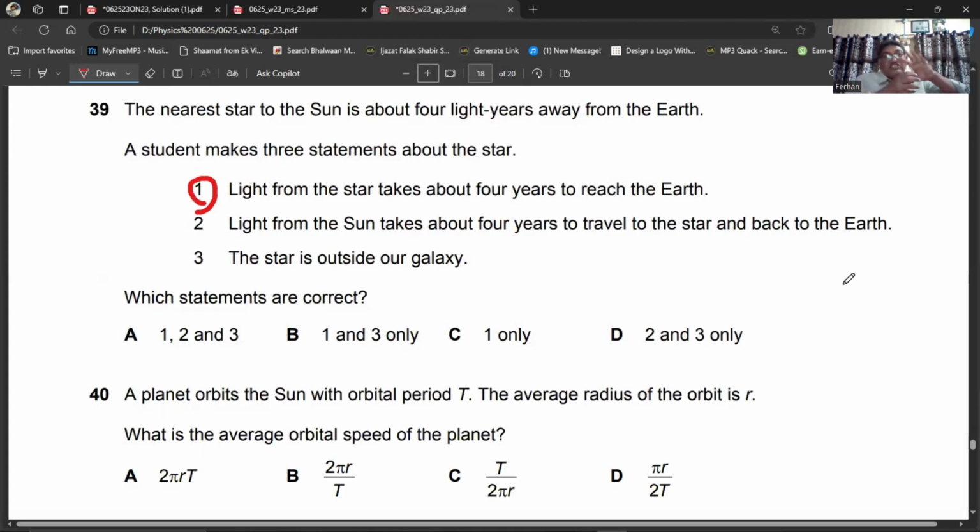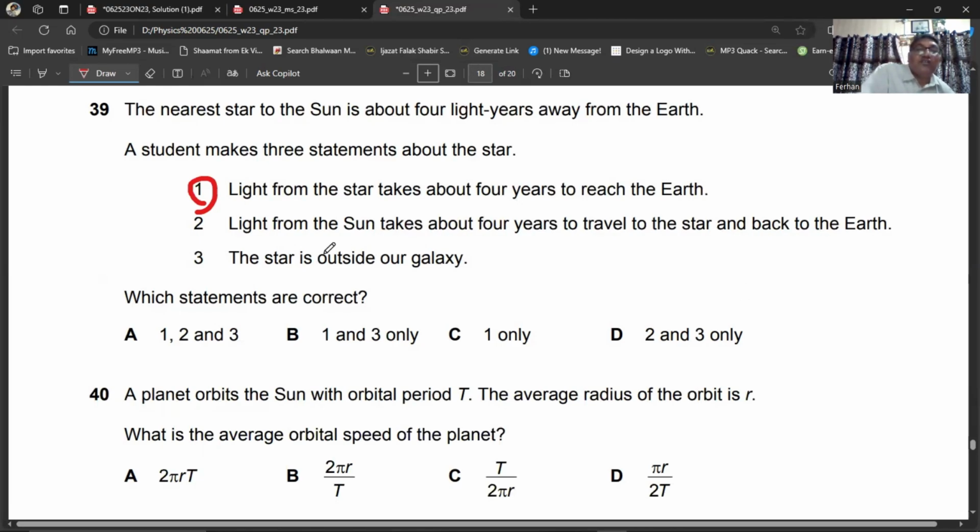Light from the Sun takes about 4 years to travel to the star and back to the Earth. No, from the Sun, it's also 4 light years away. So if the light goes there, it will take 4 years to go there. And if it comes back to Earth, it will take a further 4 years. So it will be 8 light years, I mean, the time will be 8 years.